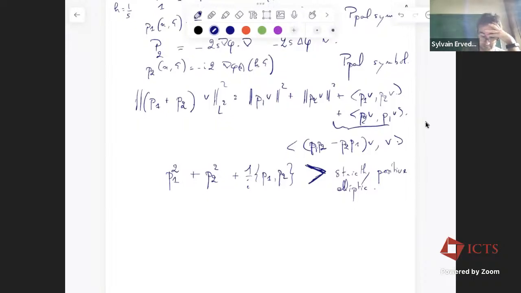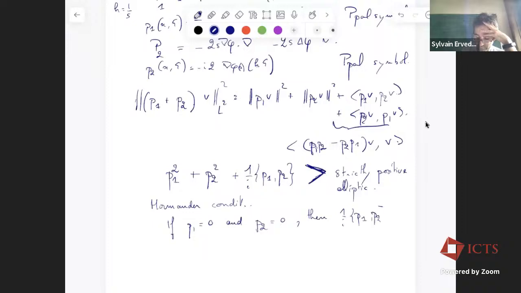And this is precisely the Hormander condition, which is the following. The Hormander condition is if P1 equals 0 and P2 equals 0, then this one is strictly positive. Okay, so it's another way to formulate it.